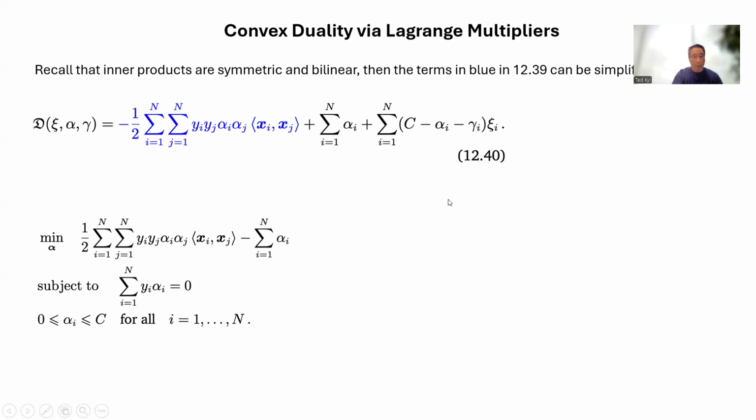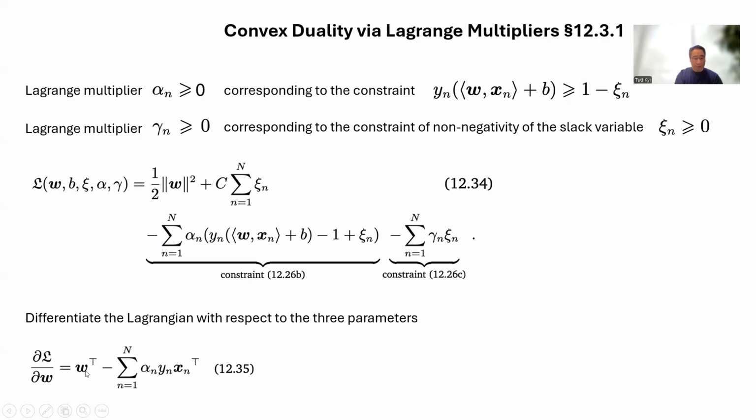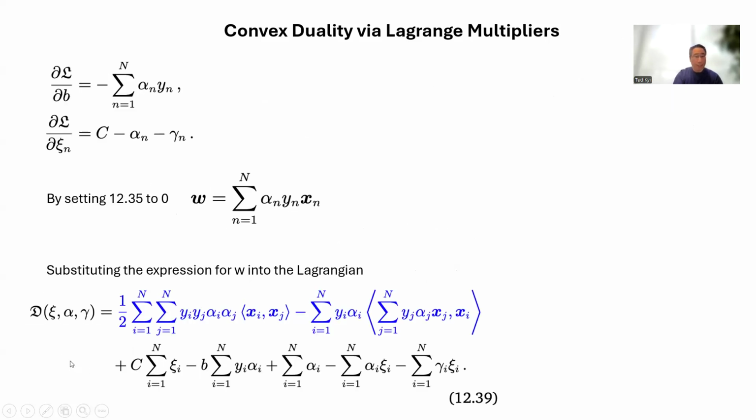So then the next thing we're going to do is, remember we have 3 partial derivatives. The first one was for W. The next one is with respect to B, which says this summation of alpha times y is the partial derivative. We're setting this equal to 0, so that's how that term went away, because this term is 0.